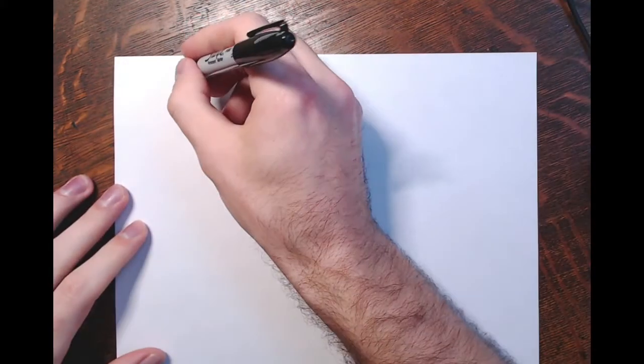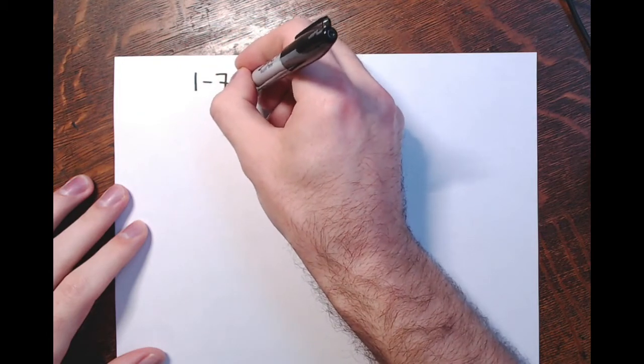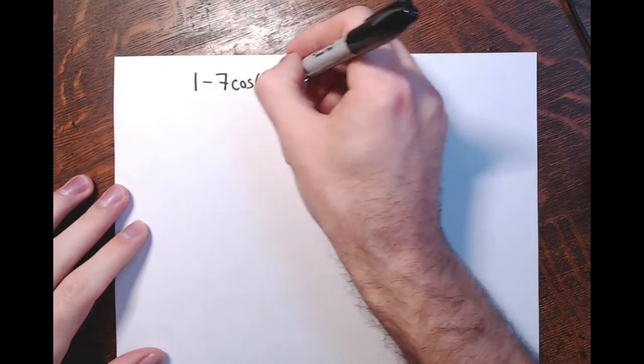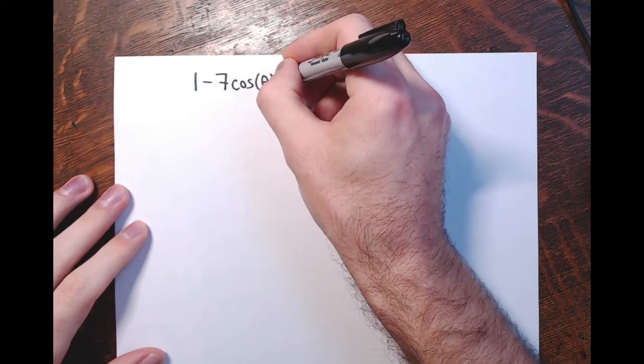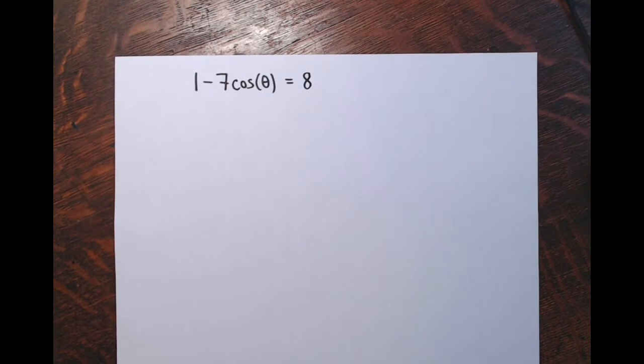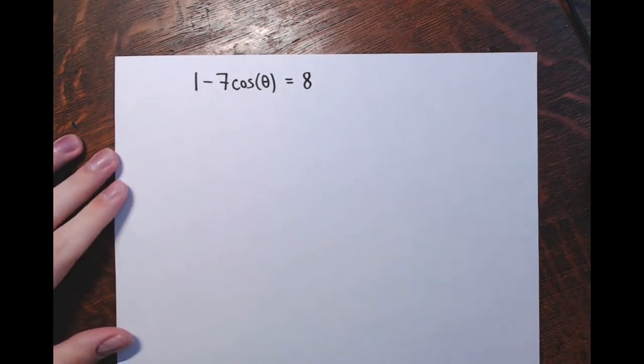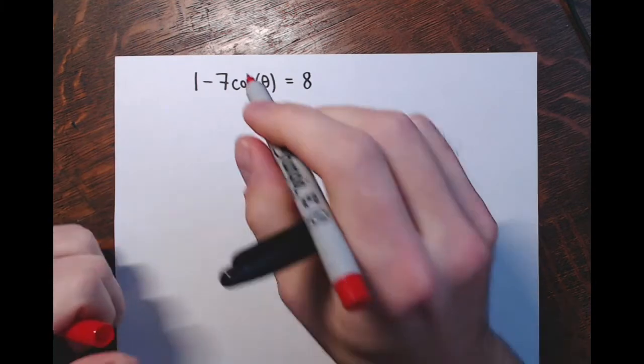Alright, so the equation in question is 1 minus 7 times the cosine of theta equals 8. So I'm going to isolate this cosine of theta, just get the cosine of theta alone.